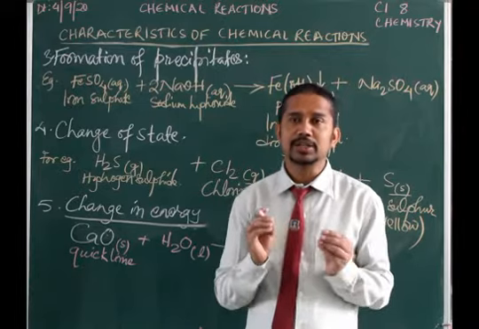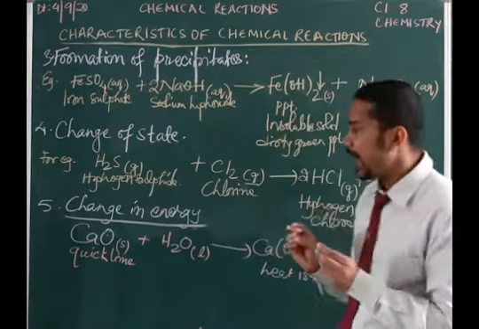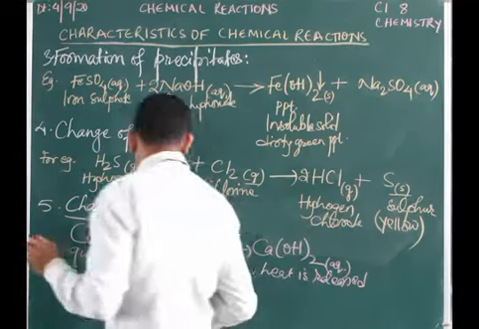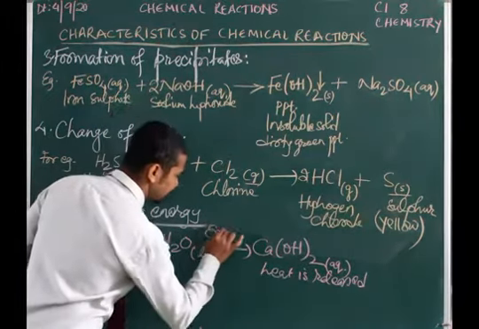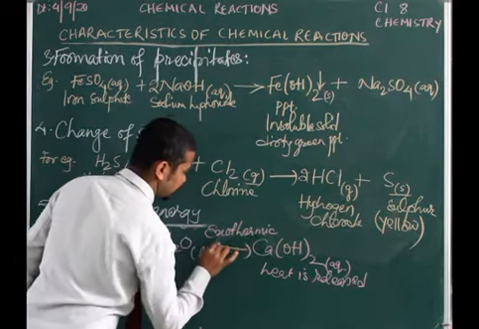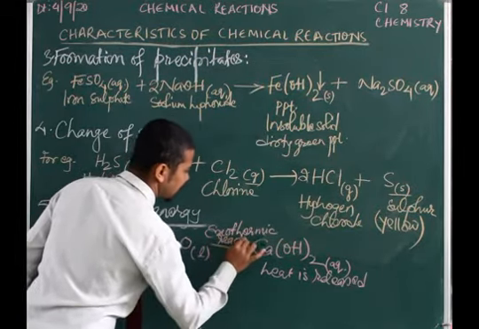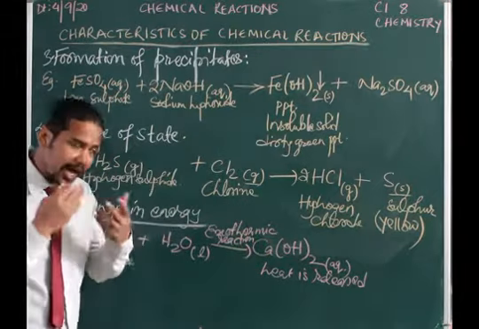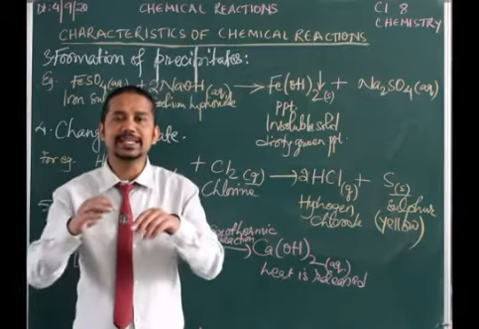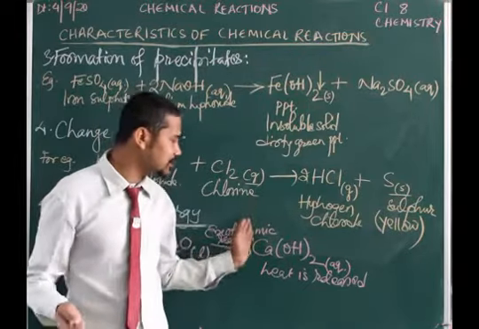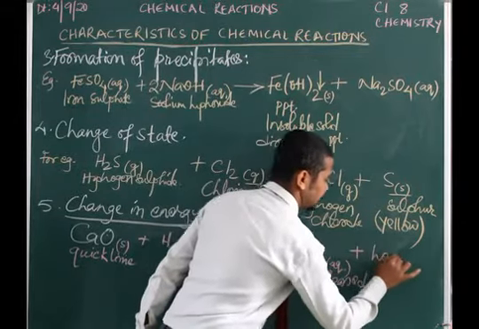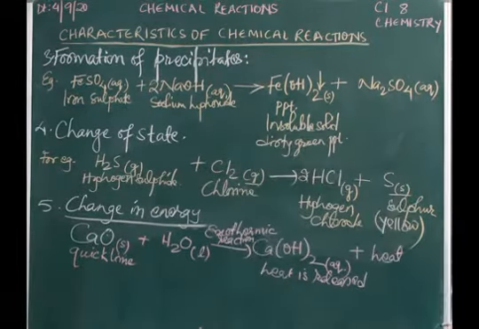So it is an exothermic reaction. What is exothermic? Exo means out, and thermic means heat. So the reaction in which heat is given out is an exothermic reaction. That means I can write plus heat.